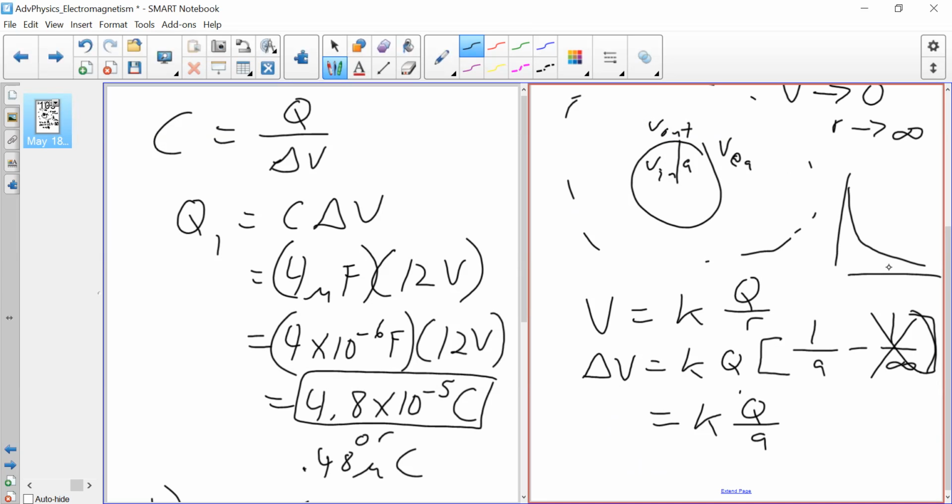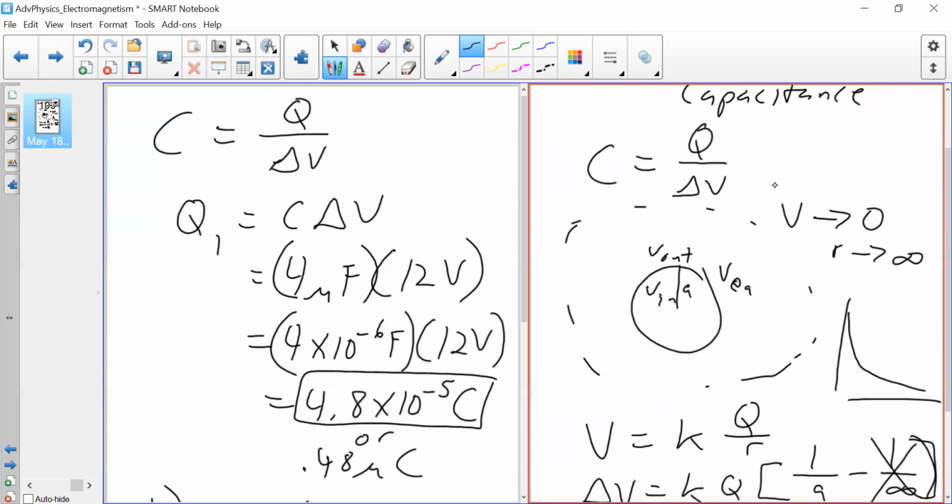Okay, so at this point, we really don't have a voltage difference per se, but in terms of these two distances R, the voltage difference in that context would be KQ over A. So in this equation, C equals Q over delta V, this would be my capacitor made up of this surface, and this will be the other plate of the capacitor.